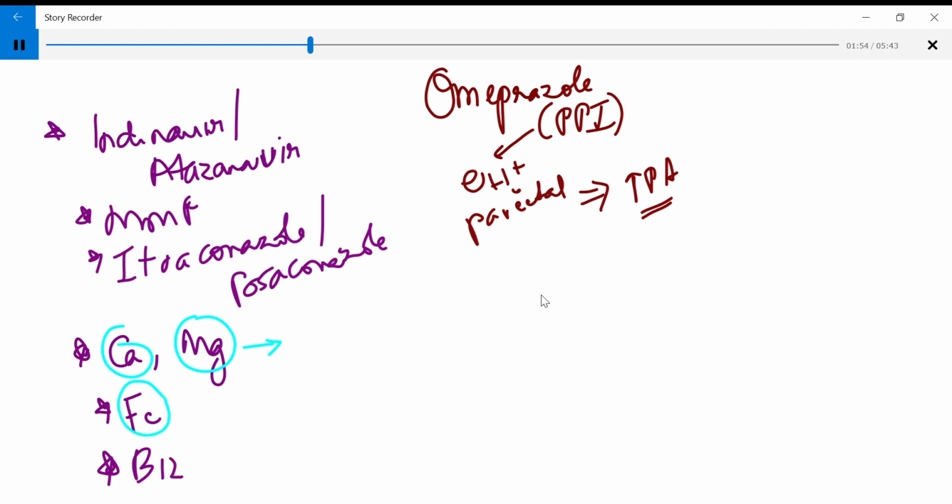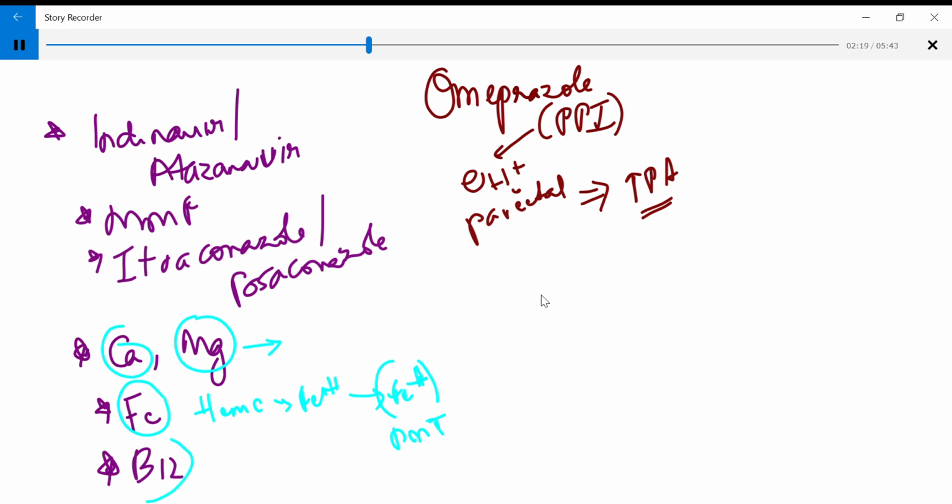And for iron, when heme releases iron, it's actually in Fe+3 form, and to convert it into Fe+2 form, which is the form in which the DMT, the divalent metal transporter ion channel on the duodenal cells, absorbs the iron ion.